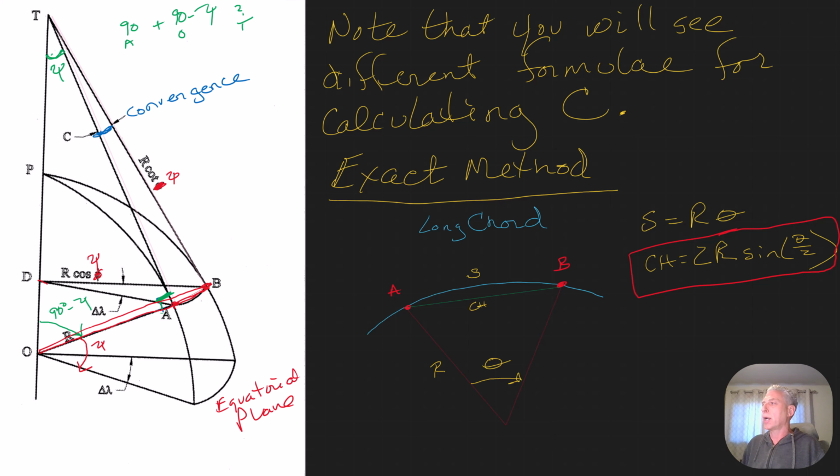And then we have another triangle that is T, and then A to B, and then B to T. So just to write that down, we have triangle OAB, which is centered at the center of the Earth, and we have triangle TAB.